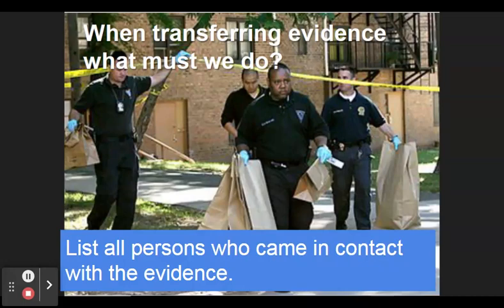So this is going to include any people who came in and found the crime scene initially, because we're going to assume the forensic investigators are not the ones that came in and found this evidence. It's probably going to be somebody who came upon it on accident. So they need to be listed and their contact information gathered from this.